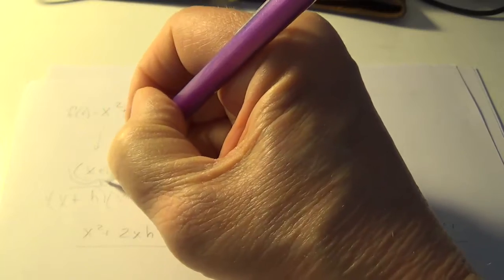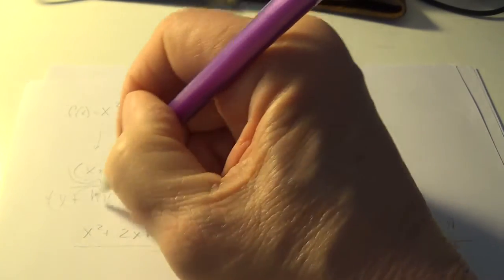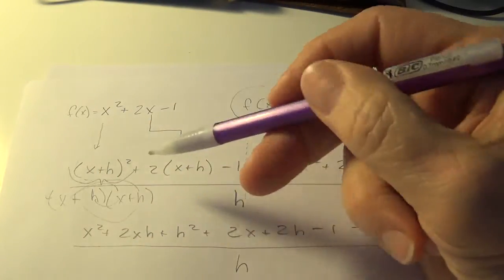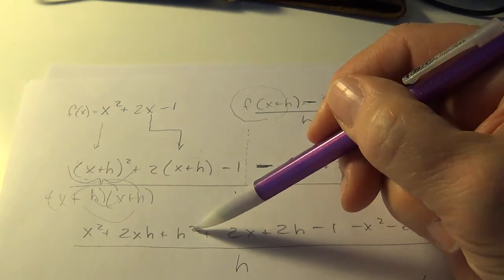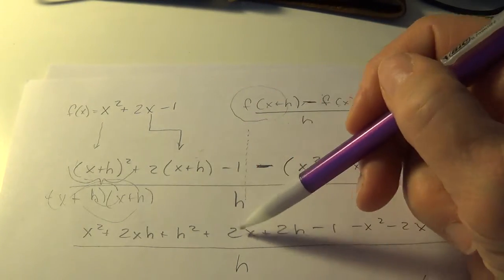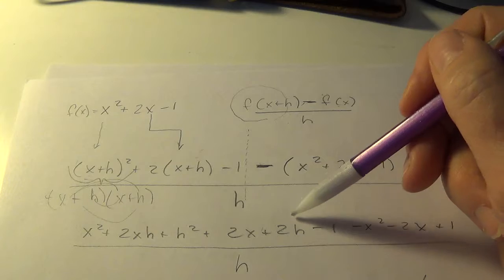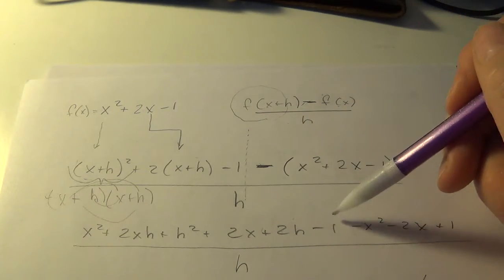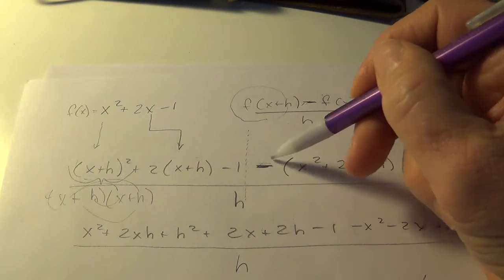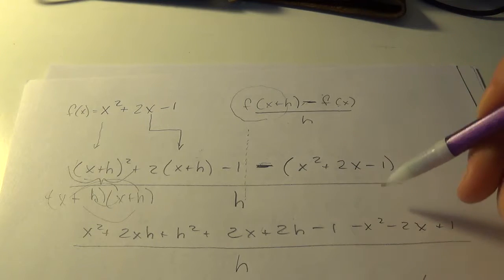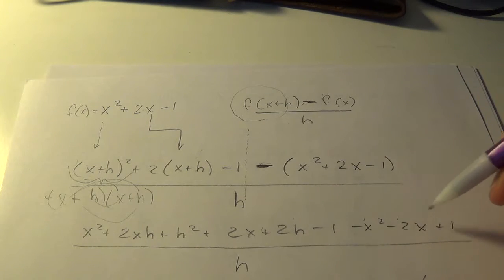That's what that means. So you'll have 4 steps and you'll combine like terms and you will get these values. Then we get plus 2 is distributed to the x and the h, and then the minus 1, and then this bigger minus that goes to everything behind it, changing the signs as so, divided by h.